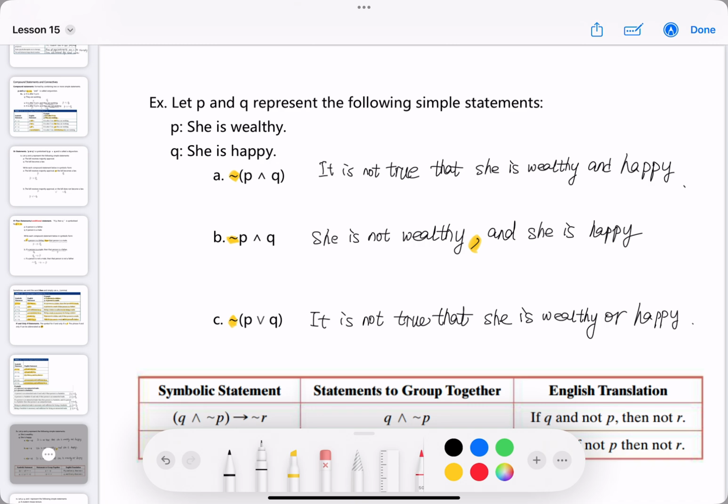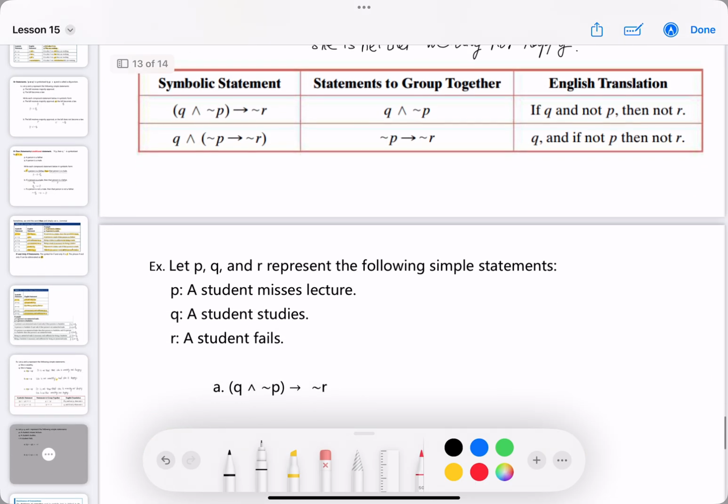But in English, someone will say, she is neither wealthy nor happy. Okay, let's see the next part.